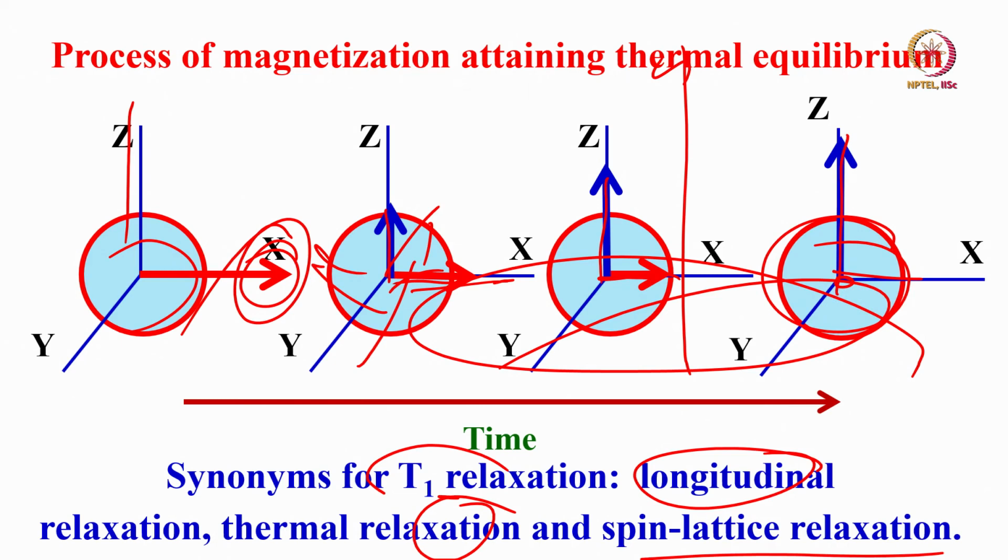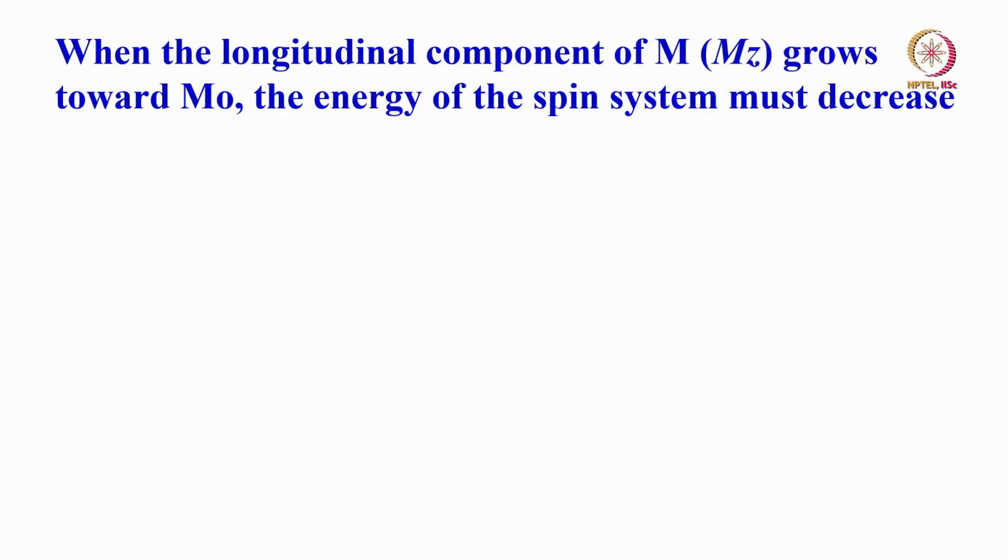The equilibrium magnetization, when it is disturbed, brought to x axis or y axis, takes some time, starts decohering, and decoherence starts in the xy plane, slowly it will go along z axis. After some time the complete magnetization will grow along z axis, and this phenomenon is called spin lattice relaxation.